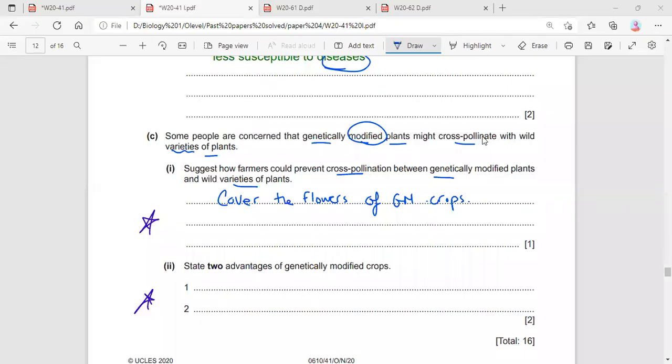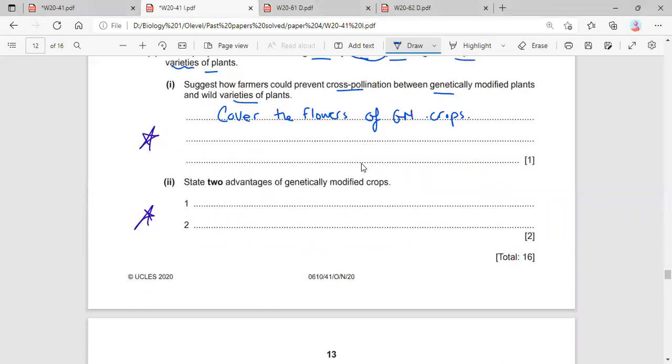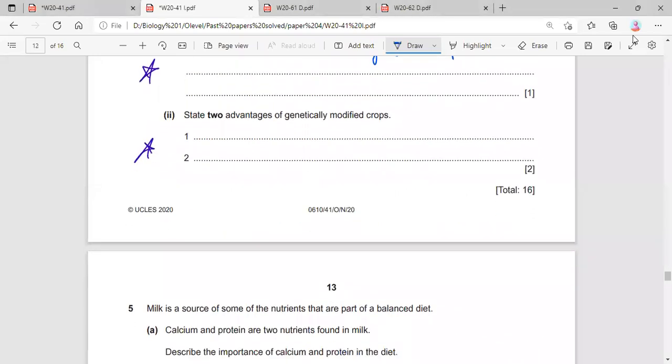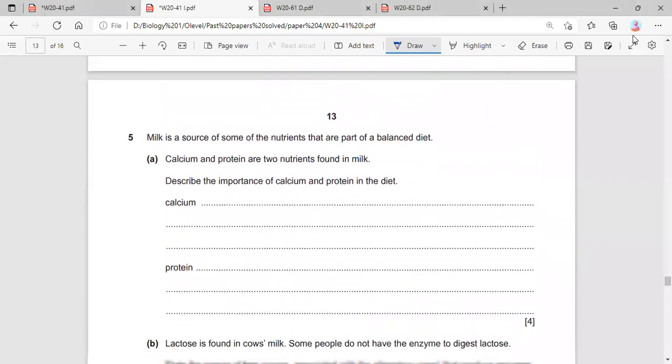I will tell him that you can make the plant resistant to a specific material, such as resistant to herbicides or resistant to insects, or you can make the plant give more nutrients like the golden rice, which gave more vitamin A. You can also say that it will provide more yield, the genetically modified crops.